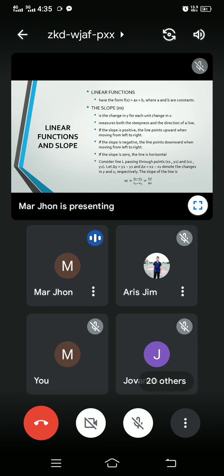If the slope is positive, if m is positive. If your m is equal to 0, your line is horizontal, straight along the x axis.